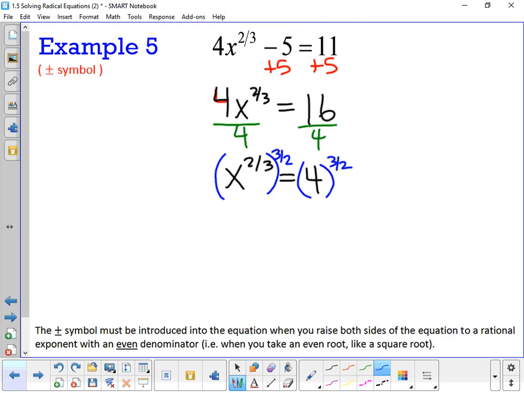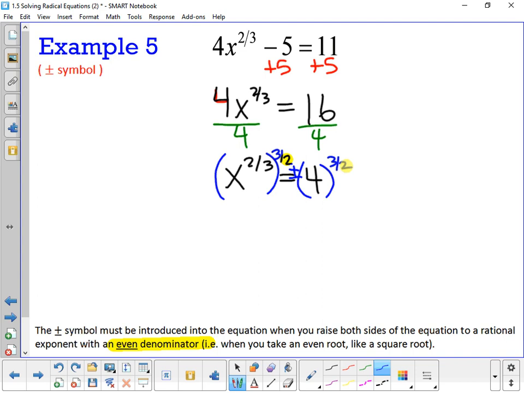Well, when you raise it to a power that has an even denominator, like this one's divide by 2, or if it was 3/4 or anything with an even number in the bottom, you need to introduce this plus or minus symbol.